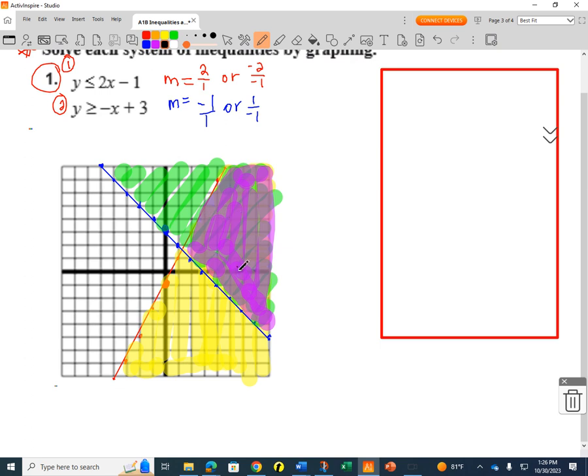Over 5 and up 1, that is a specific solution. So 5, 1 is a particular solution. That's just one of an infinite number of solutions from this system of inequalities.